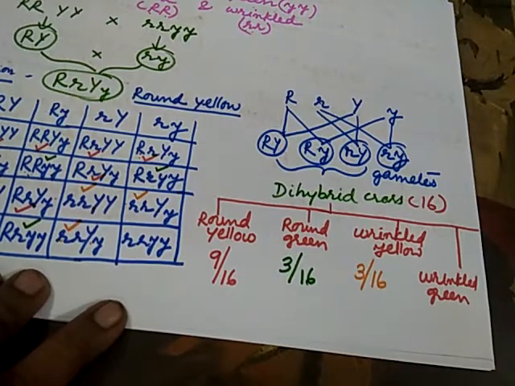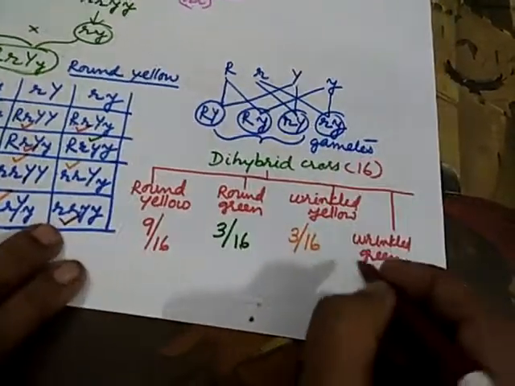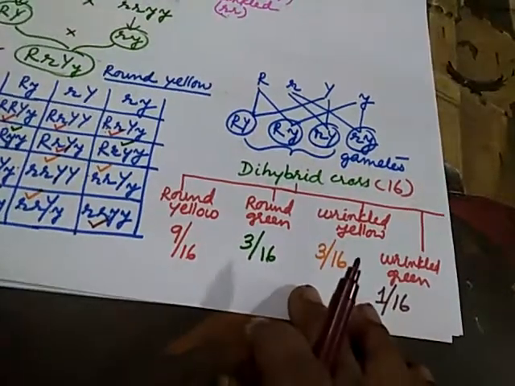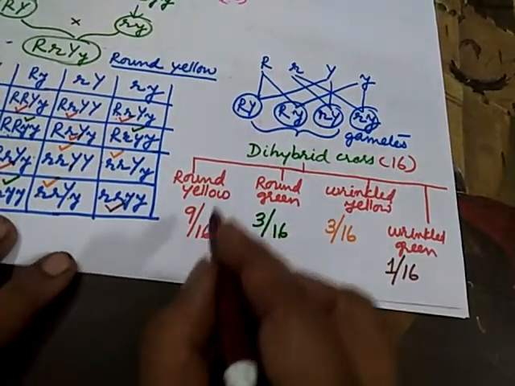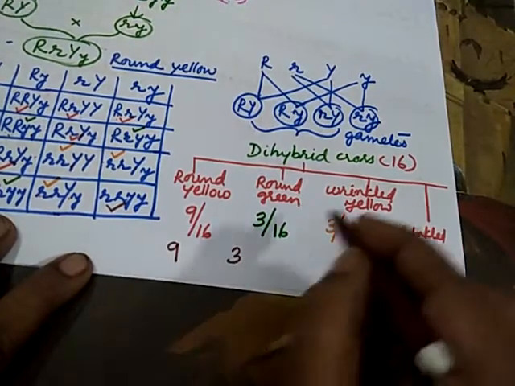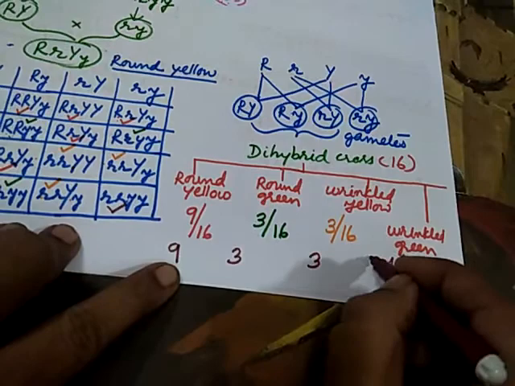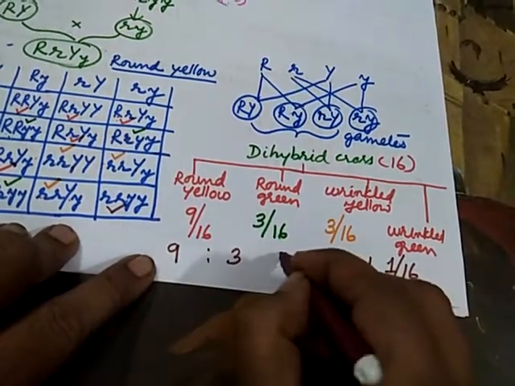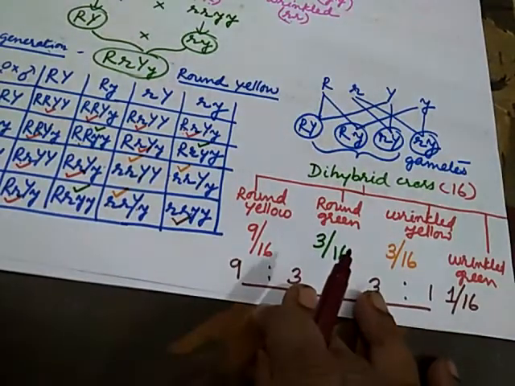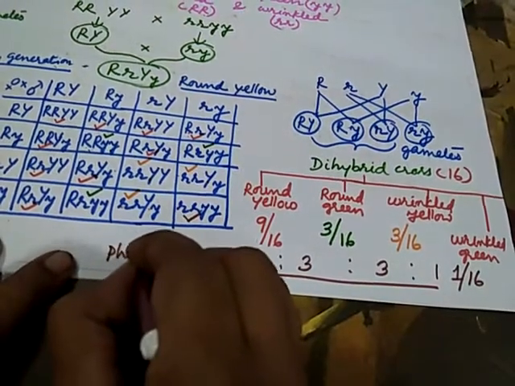The last one is wrinkled with green. So out of the 16 cases, round yellow are 9, round green 3, wrinkled yellow 3, wrinkled green 1. So the ratio is 9:3:3:1. This is the phenotype ratio.